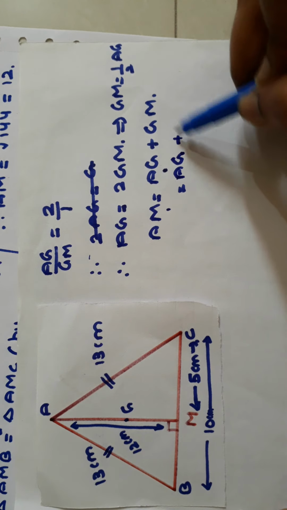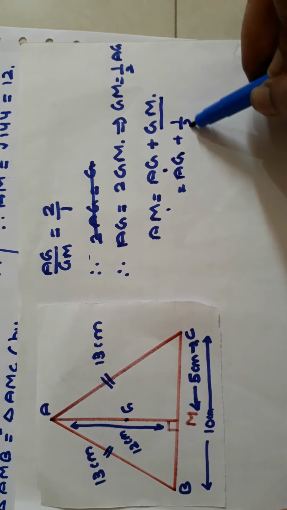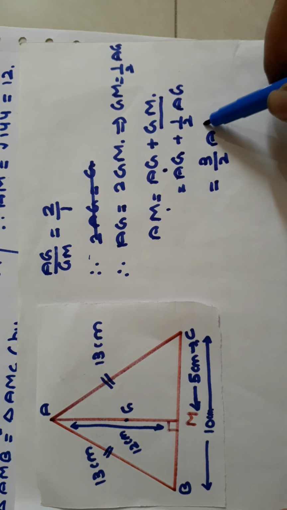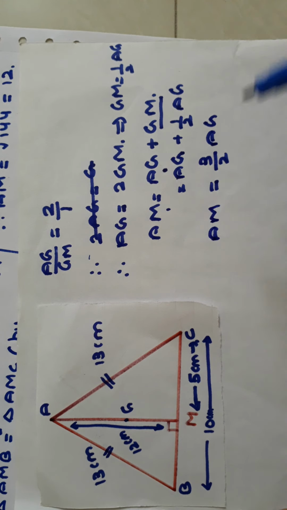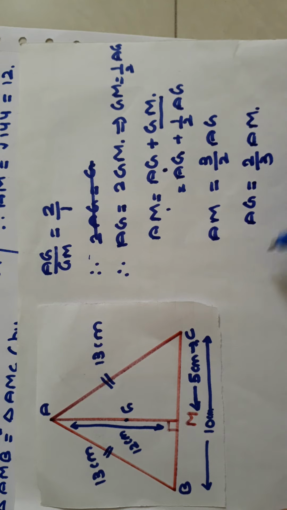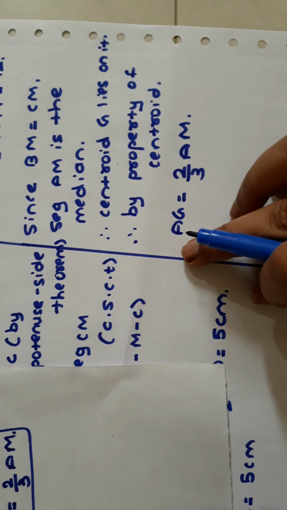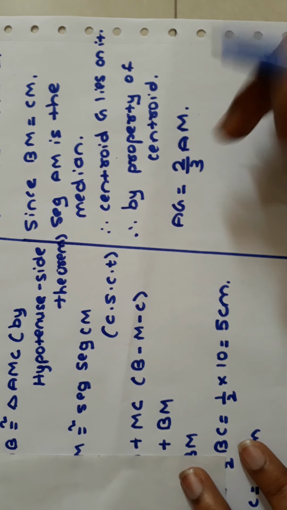So AG plus, in place of GM, half of AG. So this gives 3/2 times AG. Now take 3/2 to the other side. So it becomes the reciprocal of 3/2. AG is equal to 2/3 AM. And this is the result that we are getting here. AG is equal to 2/3 times AM.